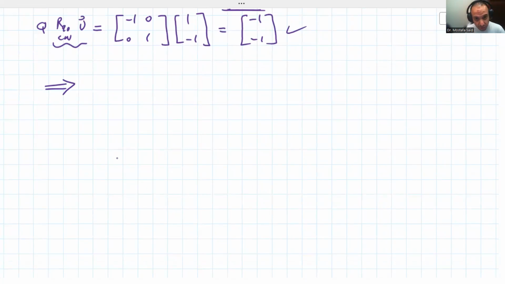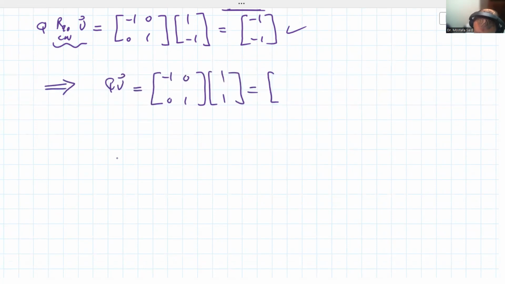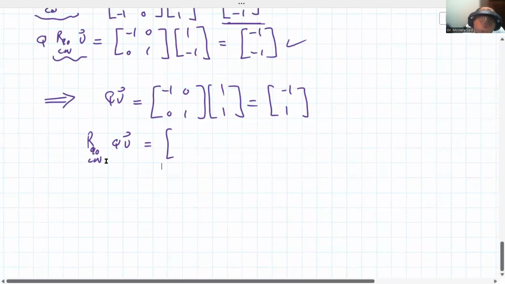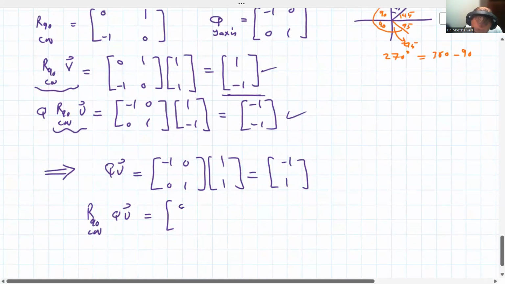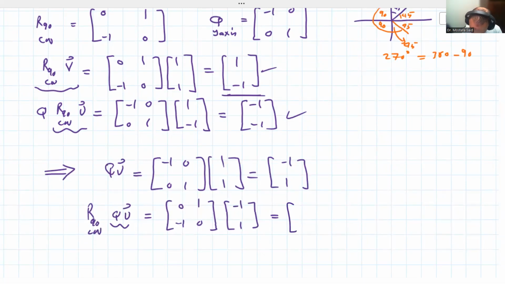If we multiply Q first, Q is minus 1, 0, 0, 1 and V is 1, 1. This gives minus 1 and 1. Then we multiply R90 clockwise, which is 0, 1, minus 1, 0, with minus 1, 1, which is QV. This will give us 1 and then 1.